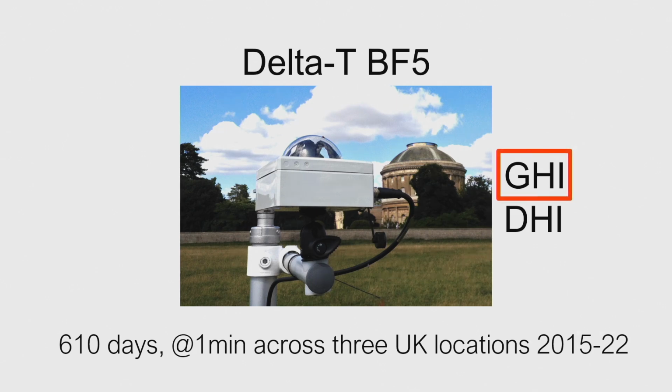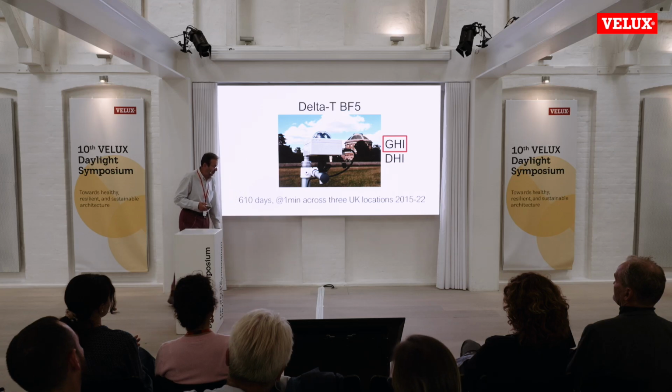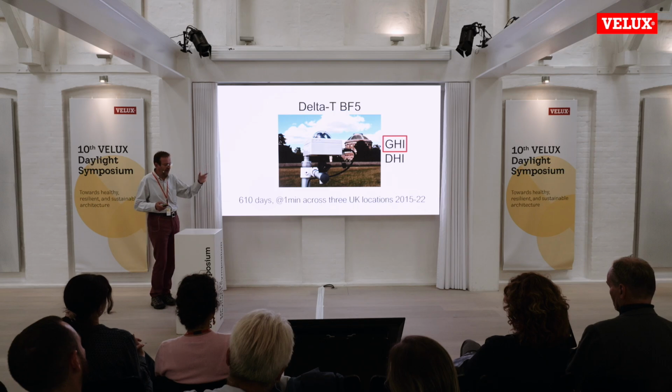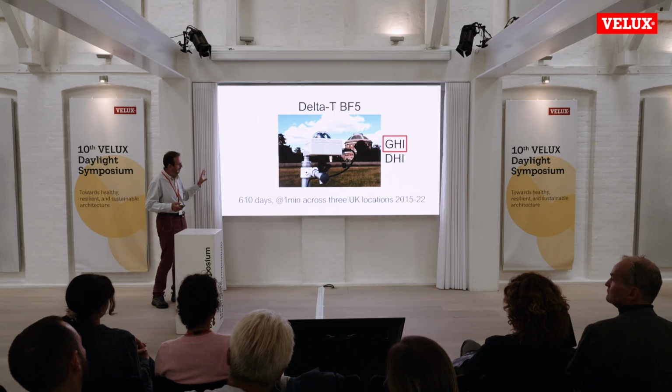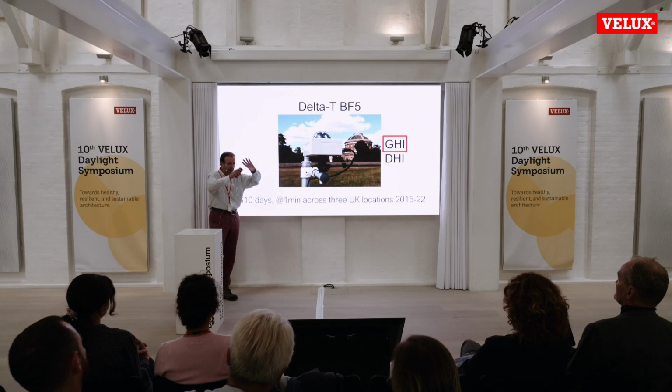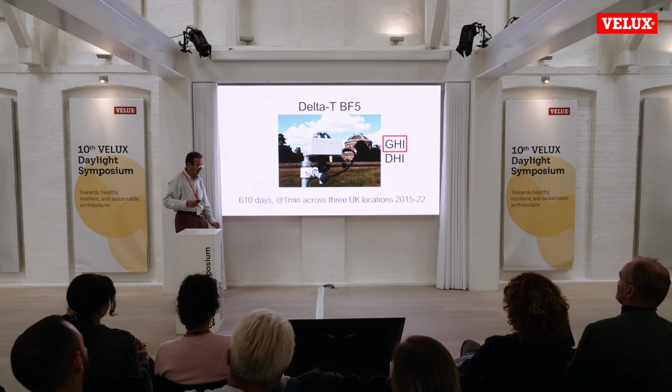Okay, but let's just check the ground truth up there with some real ground here. I had some data from a number of National Trust projects, Ickworth House, Boris Edmonds, Ham House, whatever. I had data of 610 days at 1 minute in the grounds where they can see pretty much unobstructed.